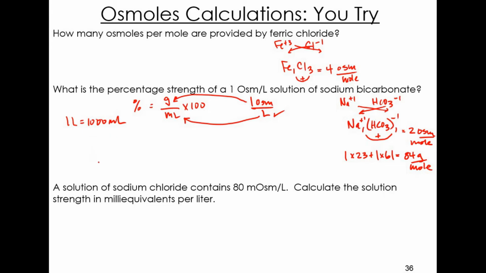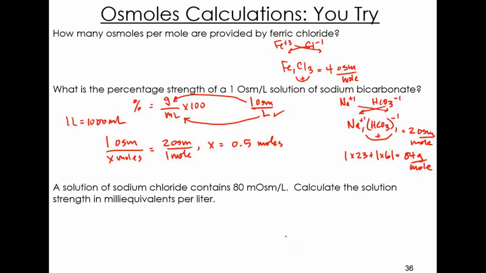We can start doing proportions now. We have 1 osmole. We want to know how many moles that represents. And we know that for this salt there are 2 osmoles per mole. And so that means that in 1 osmole we have 0.5 moles.